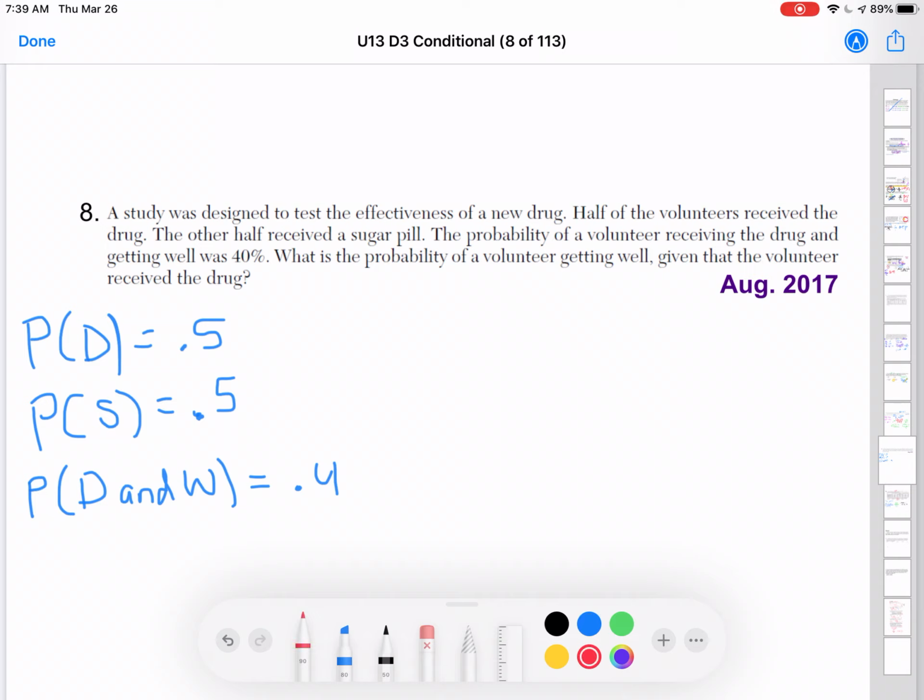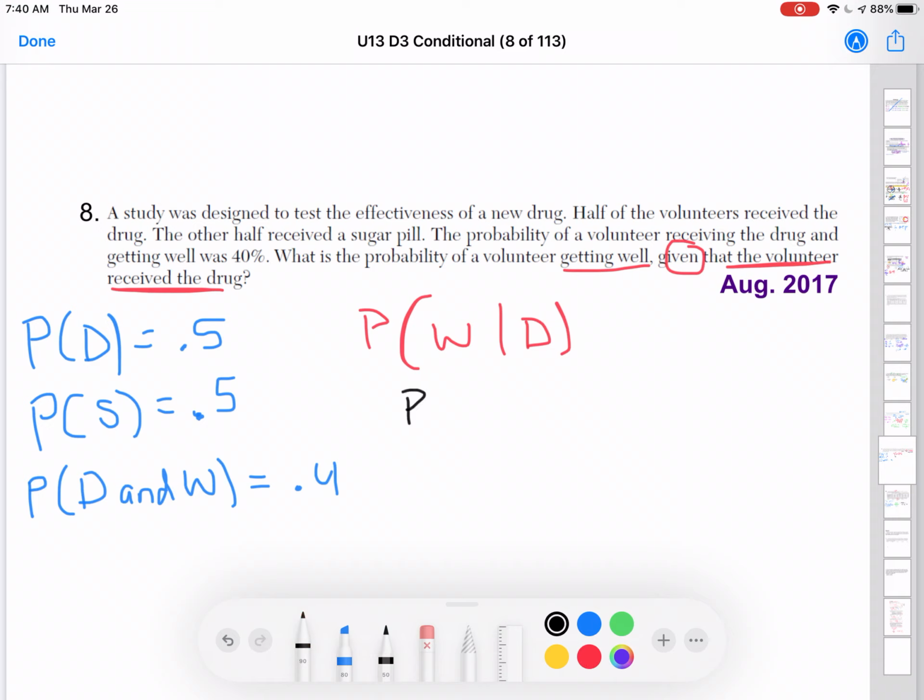And then they want us to find the probability of getting well given, there's my word, that the volunteer received the drug. So find the probability of getting well given that they got the drug.